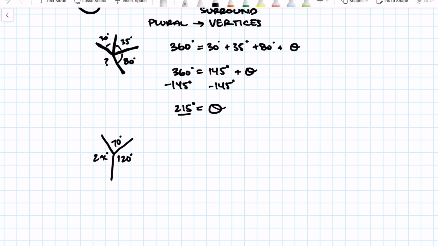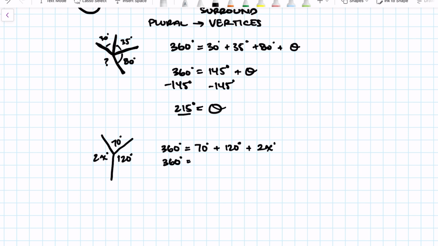So we start off the same way. We're going to start off with 360 degrees as the total. That is equal to the first angle, 70 degrees, plus the second angle, 120 degrees, and then we add the third angle, which is in this case 2x degrees. How do we solve this? I like starting off by adding all the numbers together, all the like terms.